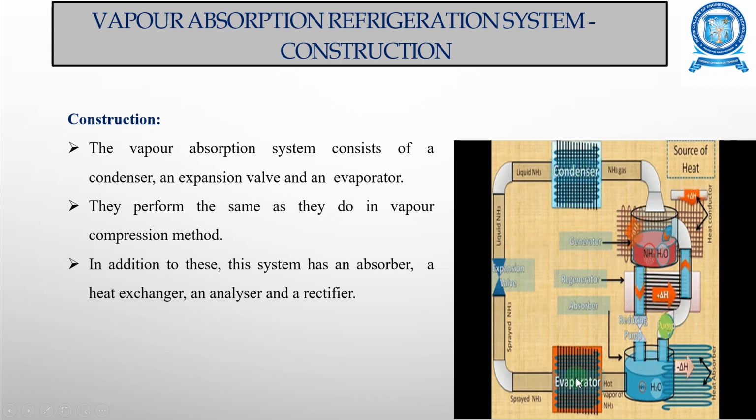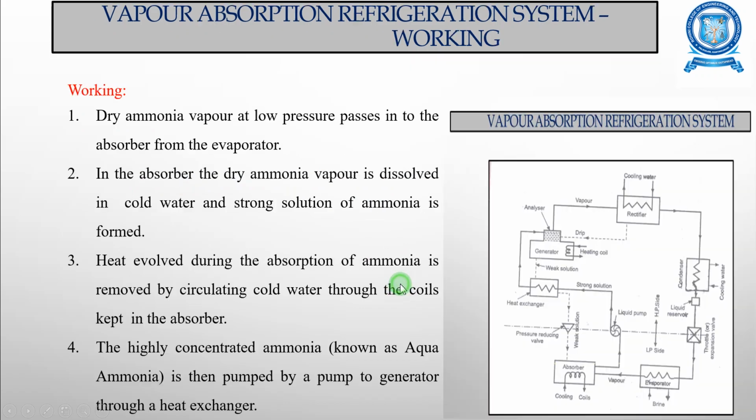In addition to these components, this system has an absorber unit, a heat exchanger, as well as an analyzer and a rectifier unit. These are the additional components apart from the condenser, expansion valve, and evaporator unit.